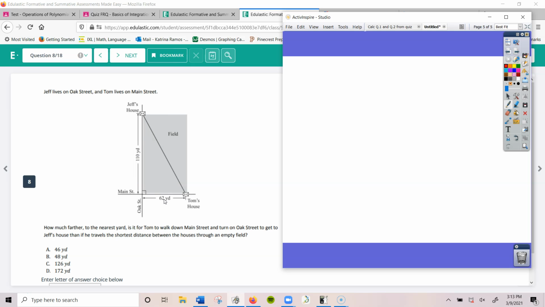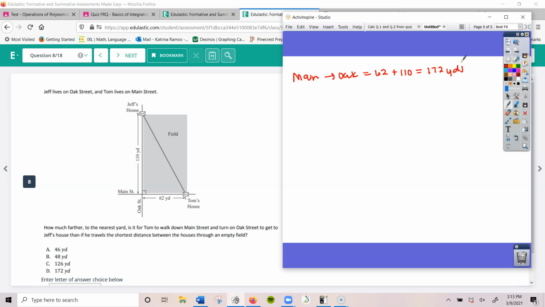Here, on Main Street, and then through Oak Street, he would travel 62 yards plus 110 yards. So I'm going to write here just so I don't forget what I'm doing. This is Main Street to Oak, which is 62 yards plus 110 yards, which gives me 172 yards.